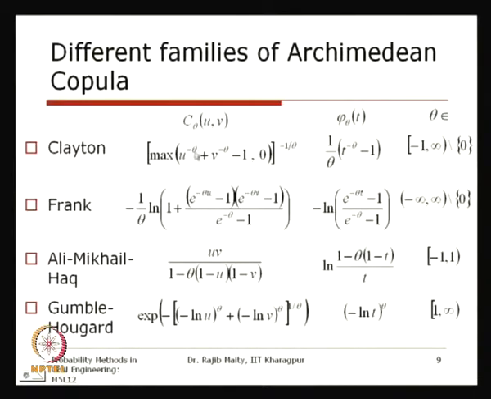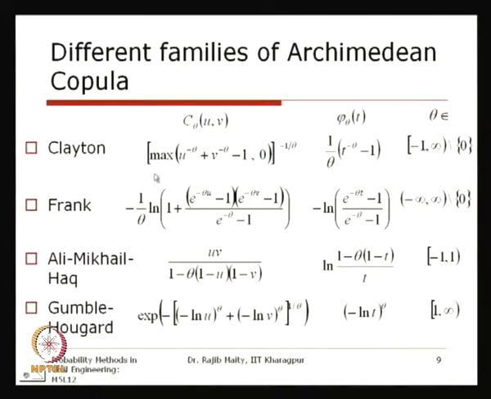The form of its generator is 1 by theta multiplied by t power minus theta minus 1. The last column gives the range of dependence, which, as already stated, is from minus 1 to plus infinity excluding 0.